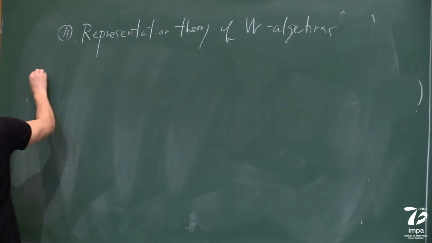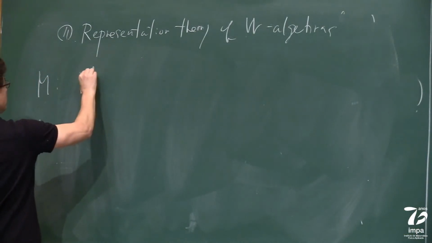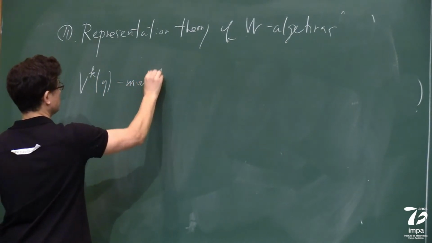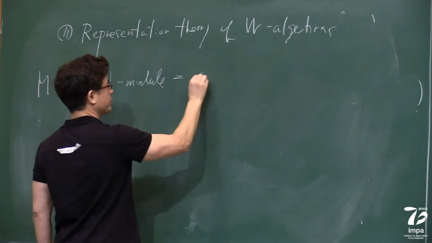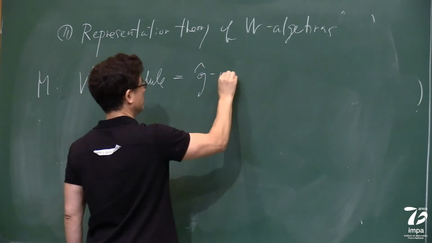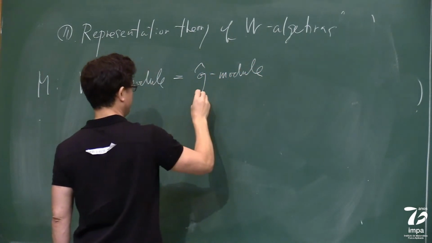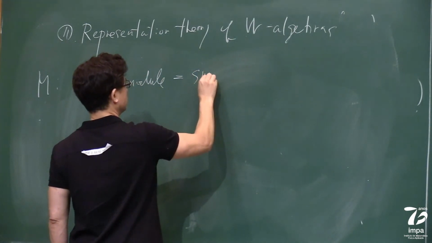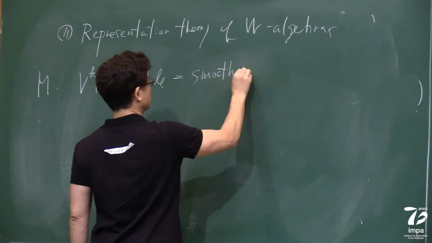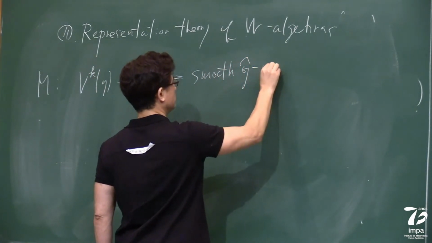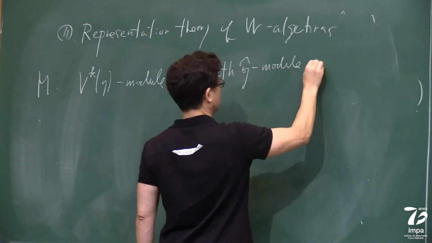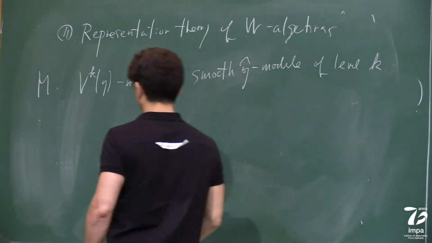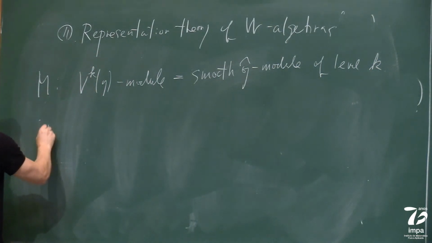If M is a module of this universal affine vertex algebra, which is the same as a smooth G hat module of level K, you can consider a similar complex.